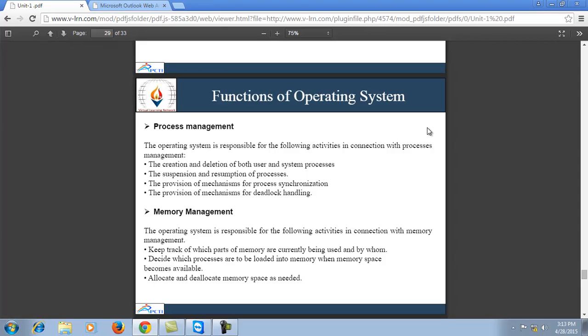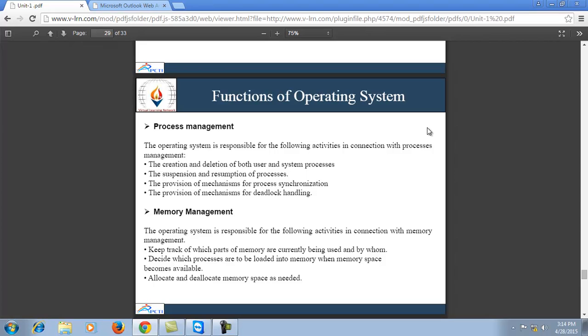P represents process and R represents resources. If all of them generate a request for the next resource which is held by another process and do not release the existing resource held by them, then this is one of the conditions which is a cause of deadlock.